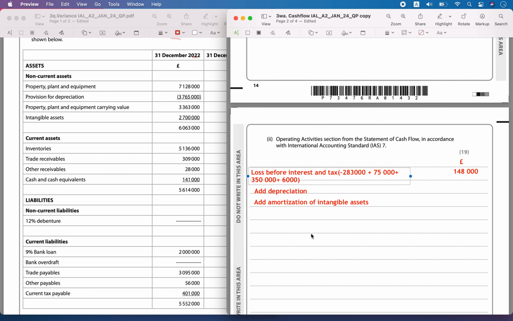So this also you will remove, and then you will add any loss from the sale of tangible assets, and then you will deduct any profit that was generated from the sale of tangible assets. So this much you will have to adjust the profit.